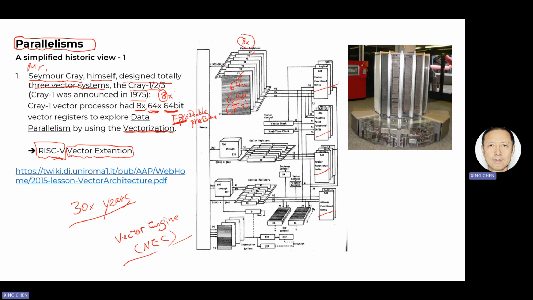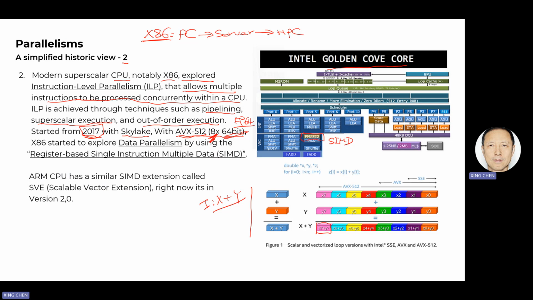Plus the fact you have 8 vector registers. So you can do much more than AVX 512. That explains the vectorization system created by Cray. It has the possibility to explore more data parallelism than the AVX 512.